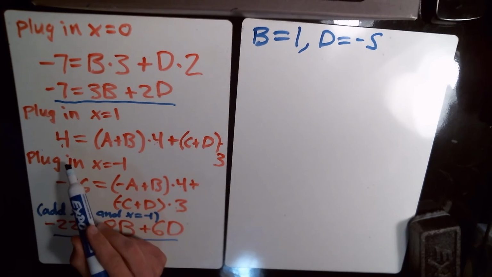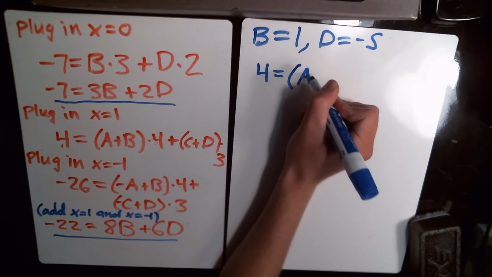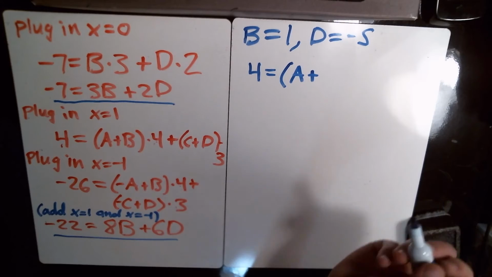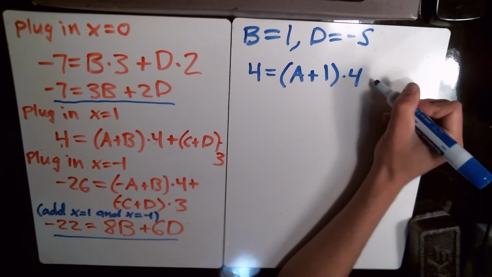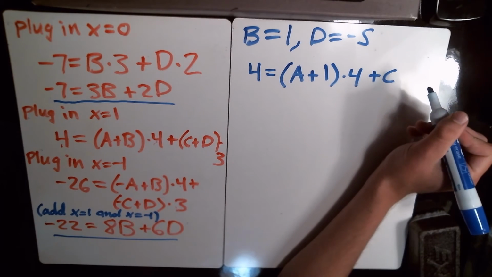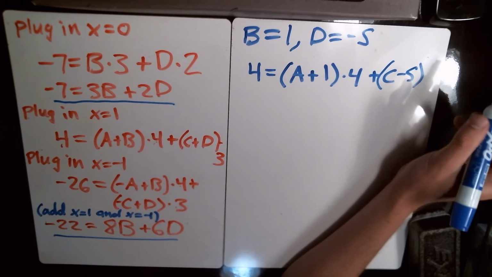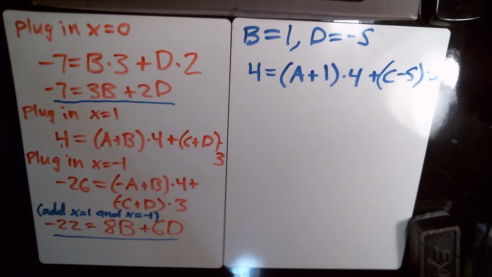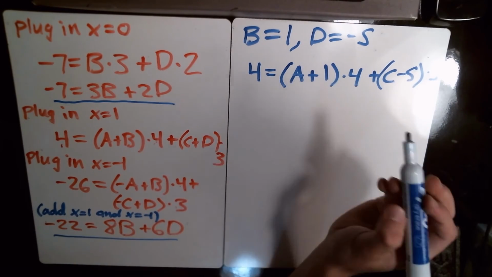So we've got 4 equals a plus b was 1 times 4 plus c, and then we knew d was minus 5 times 3. Okay, so now I just need to find a and c, right? And so essentially I was plugging those in, so I had just an equation with a and c in it. So let's simplify this a little bit.